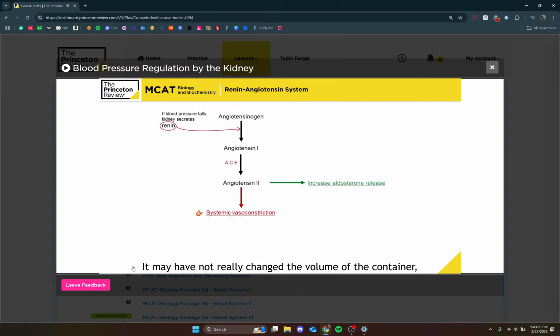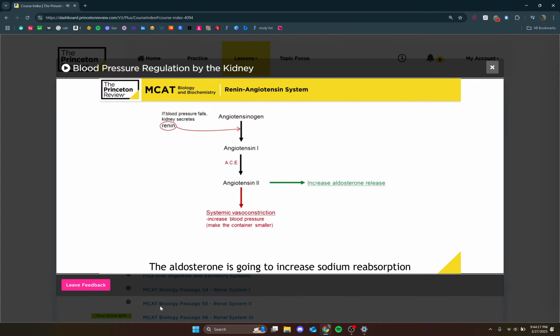You just made the container smaller, so the pressure is going to go up. And if you make the container smaller, that's going to increase pressure in the container. And that was our initial problem to start with, right? Our blood pressure was falling.